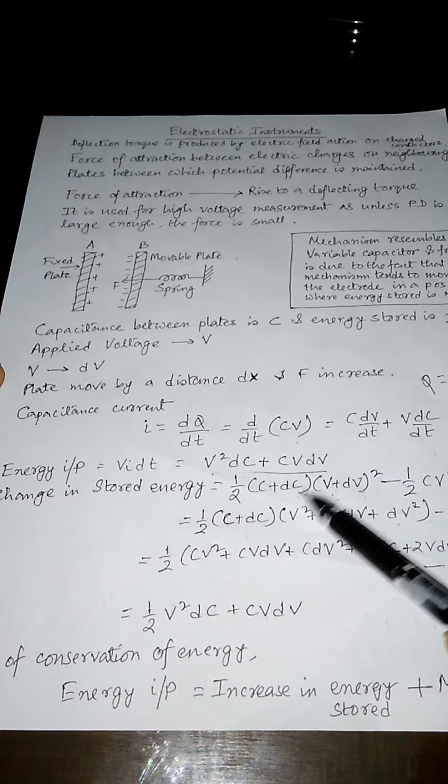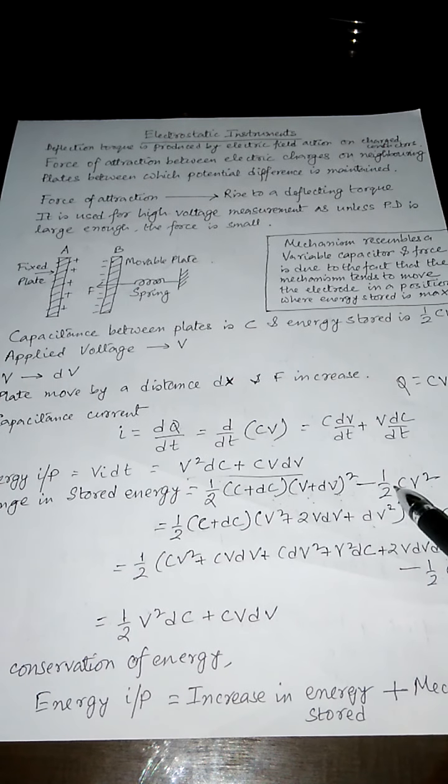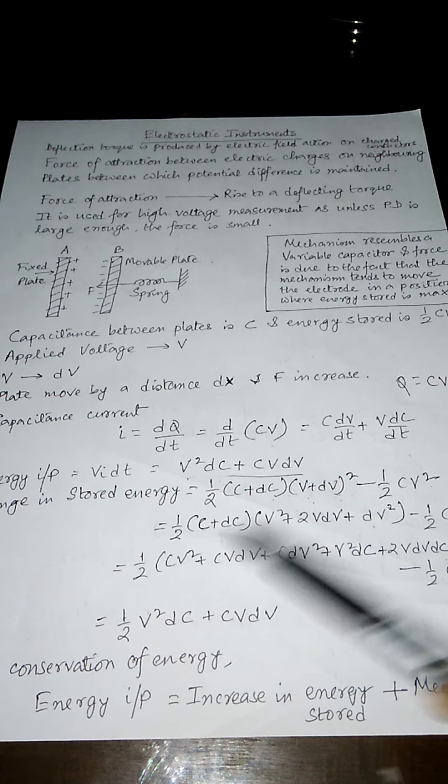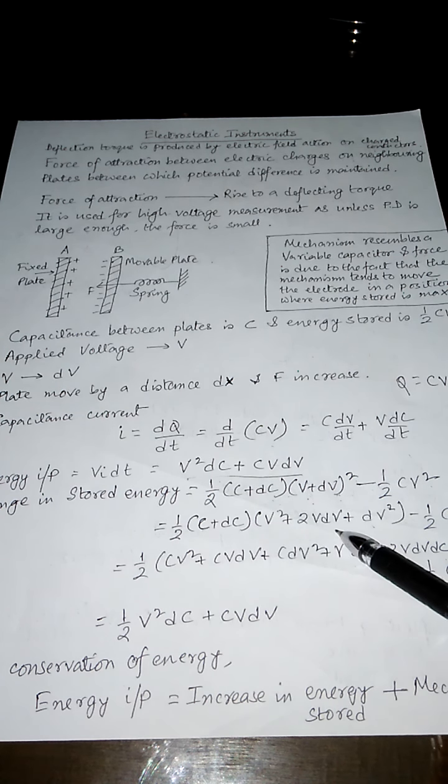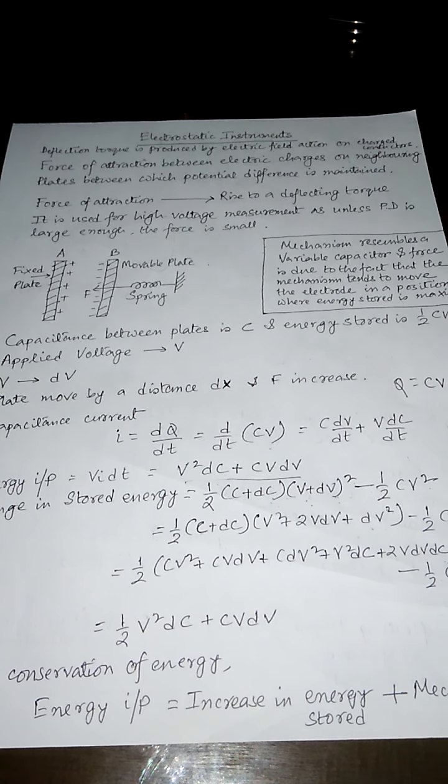What is the change in stored energy? That is half (C plus dC) into (V plus dV) square minus half C V square. So that is half (C plus dC) times (V square plus 2V dV plus dV square) minus half C V square.